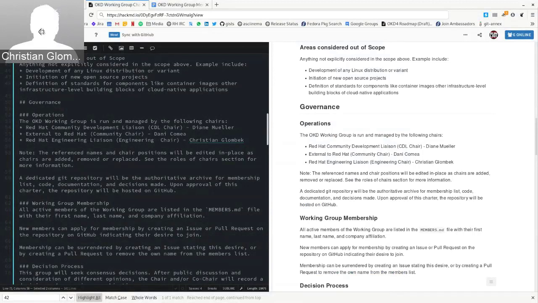I put up the draft, and we couldn't have a vote on it yet because we don't have a charter yet. So that's going to be the next thing. Directly after the charter vote has concluded, I'll start another vote for the roadmap.